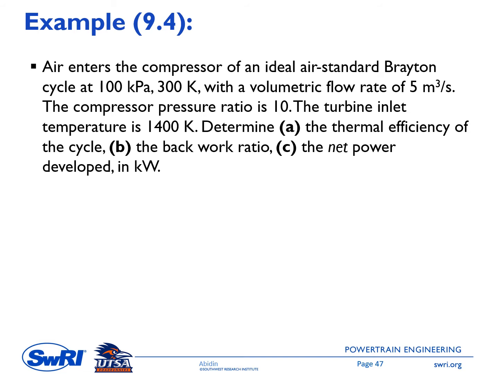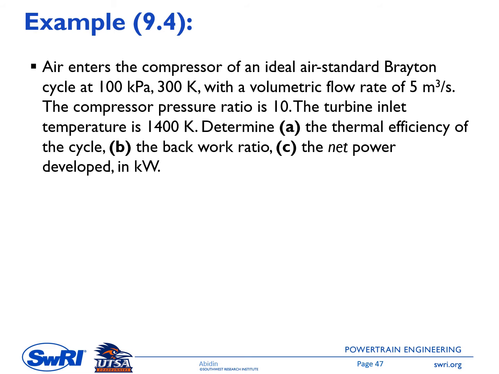Okay, let's have a look at this example. In the book, this is example 9.4. Air enters the compressor of an ideal air standard Brayton cycle. So ideal Brayton cycle, we have two isentropic processes and two constant pressure processes. At the entrance of the compressor, the state is given: pressure is 100 kilopascal or 1 bar, temperature is 300 Kelvin, with a volumetric flow rate of 5 cubic meters per second.